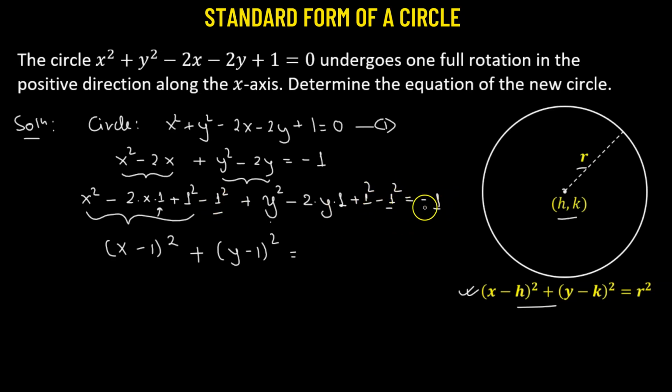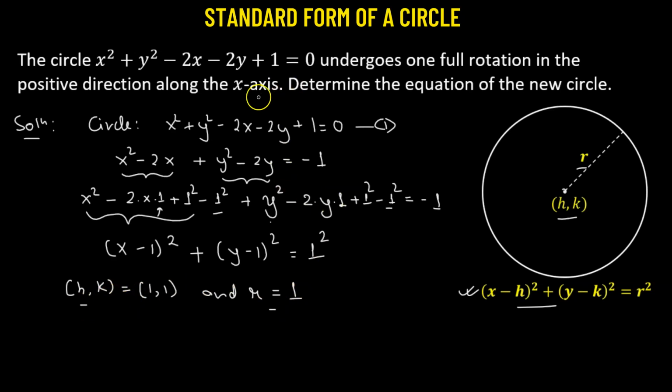When it's transposed to the right hand side and combined with negative 1, we get positive 1. Now positive 1 can also be expressed as the square of 1. Fine. Now this is in the standard form. On comparing here, we get the center h comma k equal to positive 1 comma positive 1, and our radius value r comes out to be equal to 1. Now we have a circle in its standard form whose center is known as well as radius.